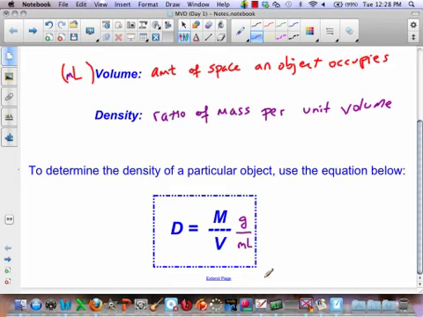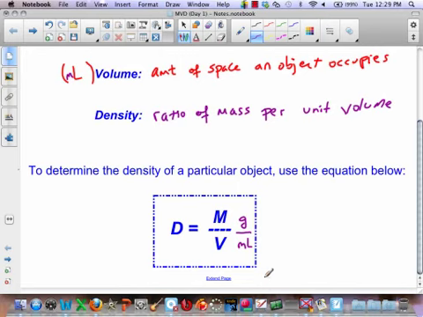If I want to know one of these values, what do I have to know? Think about Algebra 1 for a minute. If I have 3 unknowns, how do I find one of them? I have to know the other two, right? If I want to know mass, I have to know the density and the volume. If I want to know volume, I have to know density and the mass. So you need to know at least 2 out of the 3 in order to find the third.